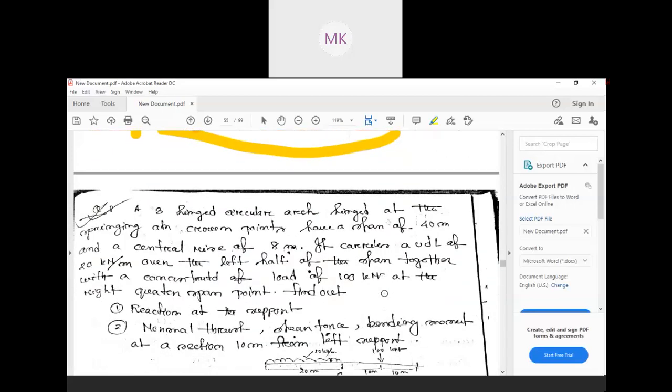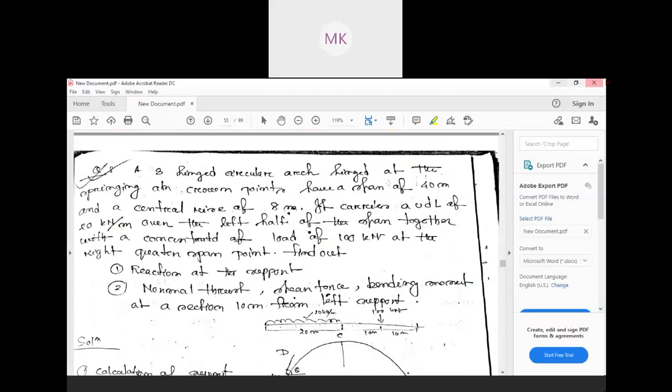Okay, so here's the example. We're going to solve this. So please read the question carefully. A three-hinged circular arc hinged at the springing and crown points has a span of 40 meter and a central rise of 8 meter.